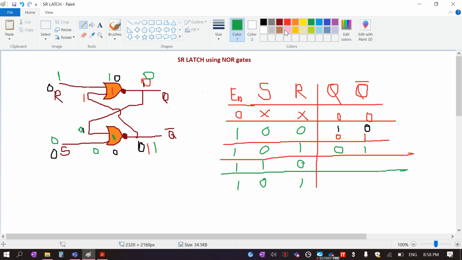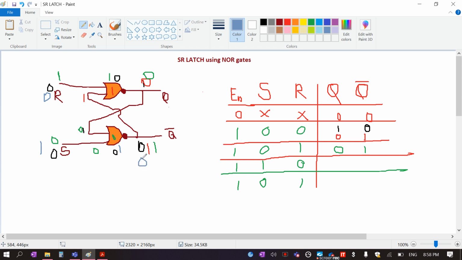So let us assume the second case, 1 and 0, which is nothing but S is 1, R is 0. So for this case, which one is high? The second, S is high, right? So I will populate this S through this NOR gate. So 1 will be populated over the NOT gate and it will change to 0.